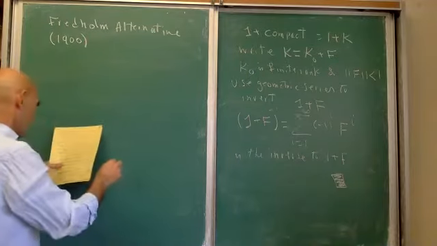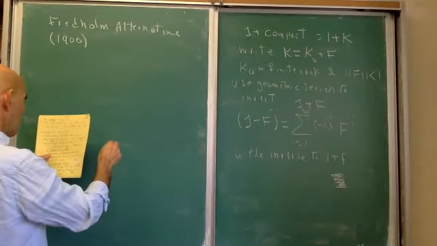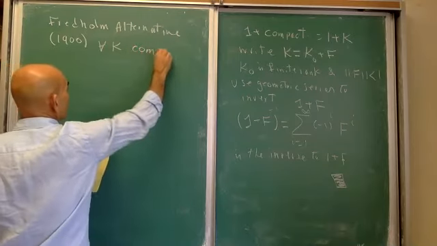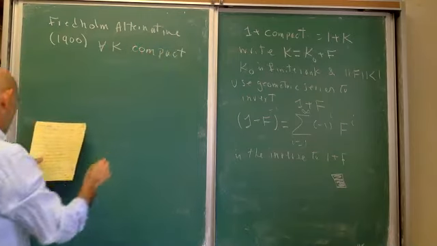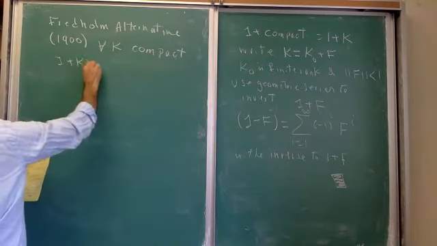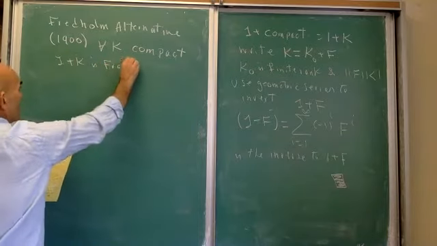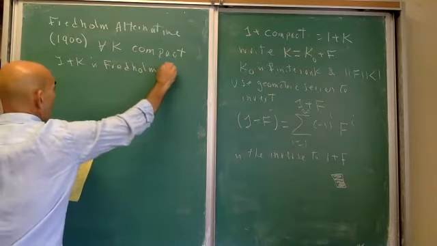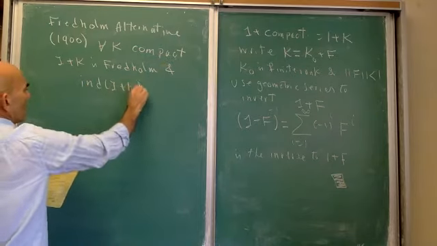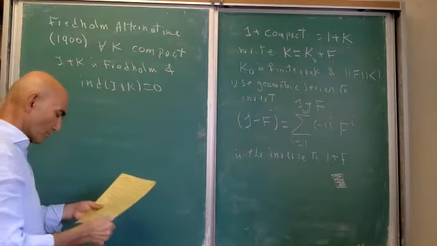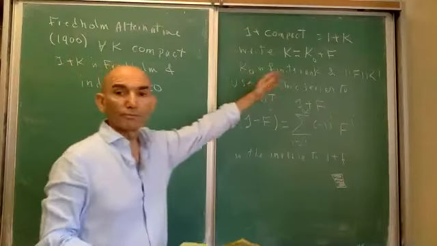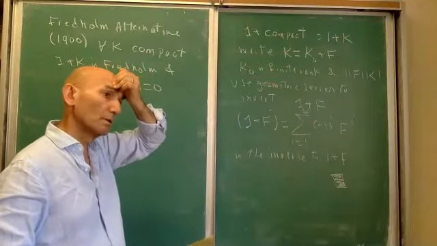But essentially, it is this: for any compact k, I plus k is Fredholm, and the index of I plus k is equal to 0. That's what we proved, right? Here is what we did.